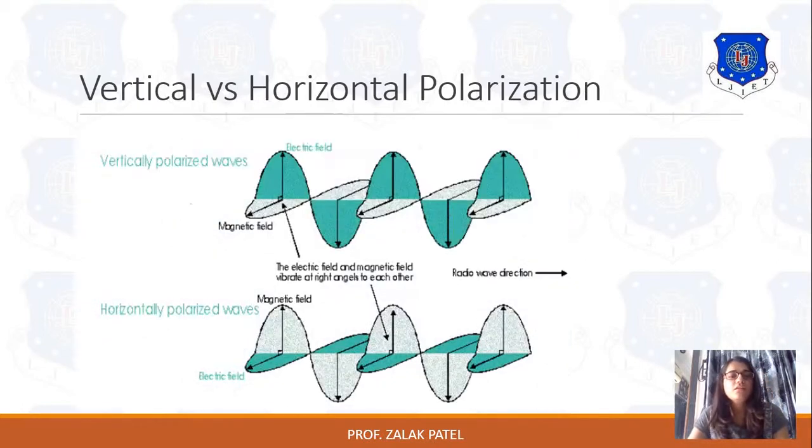Consider this figure. In this figure you can see a vertically polarized wave and a horizontally polarized wave. In both these polarization methods, in linear polarization, the magnitudes of the wave E1 and E2 should be equal but the directions will be opposite to each other. In case of vertical polarization, the wave is aligned vertically with the axis.